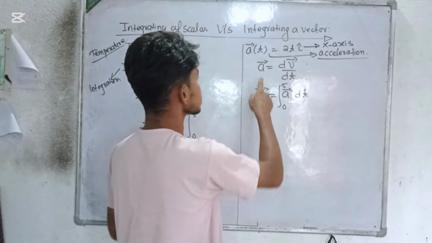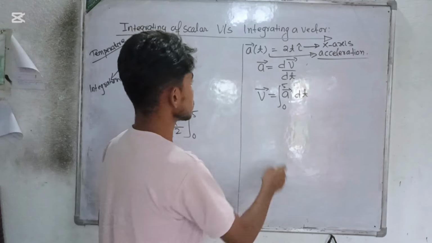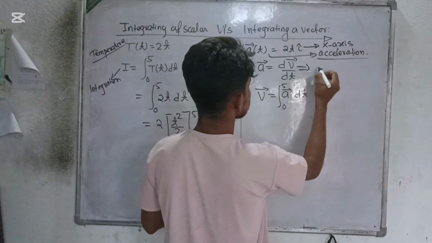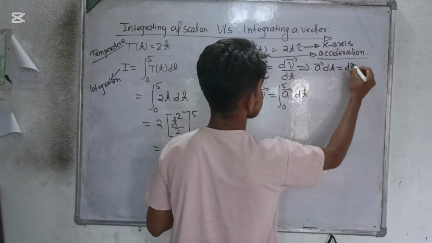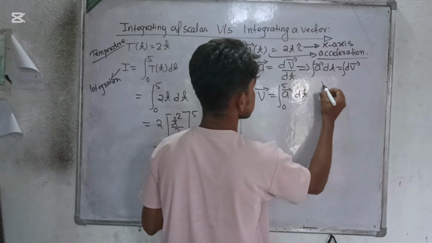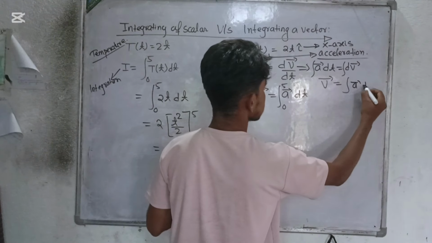Acceleration is the rate of change of velocity with respect to time, so you get a vector dt equals dv vector, and if you integrate both sides, you get v vector as the integral of a vector dt.